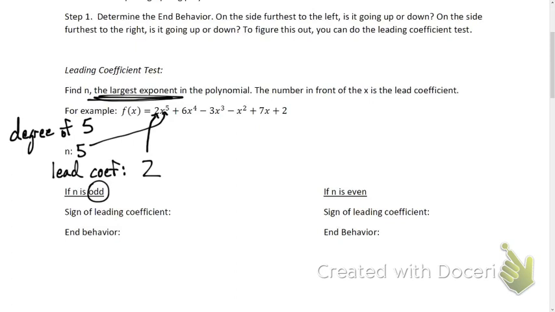We'll look at an example where we have an even. And the sign of that 2 on the very front is positive. That means left side is going down and right side is going up.